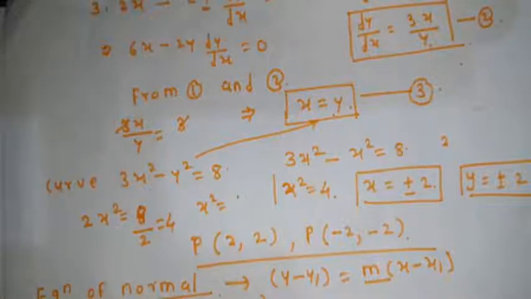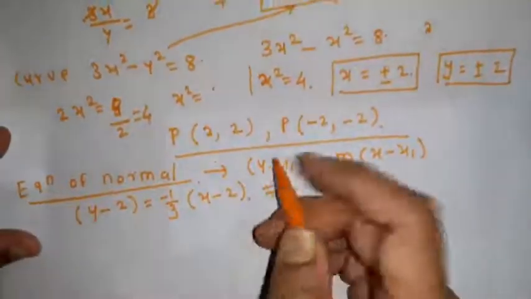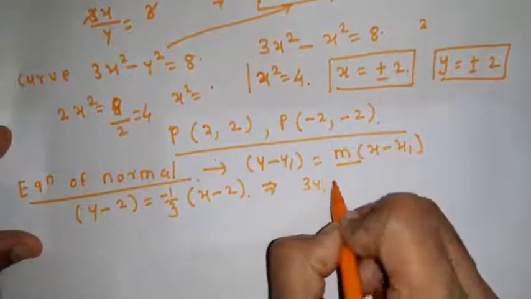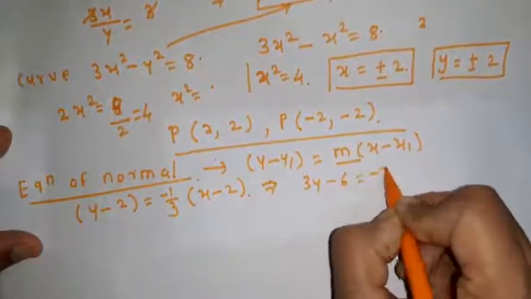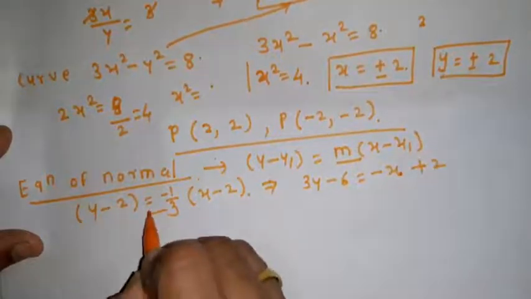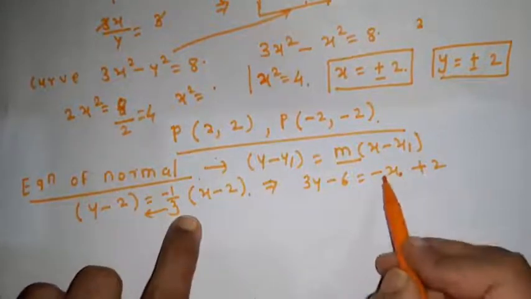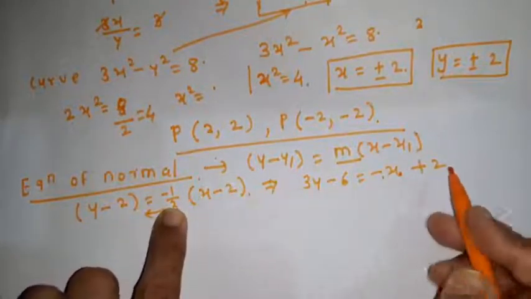And here the equation is 3 into y minus 6 equal to minus x plus 2. We have shifted this 3 to that side, that is 3 into y minus 6 equal to minus x plus 2.